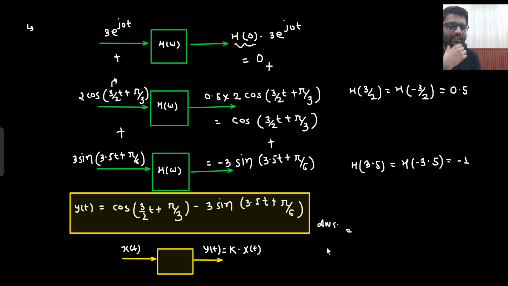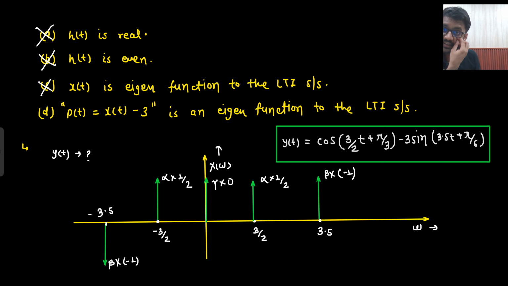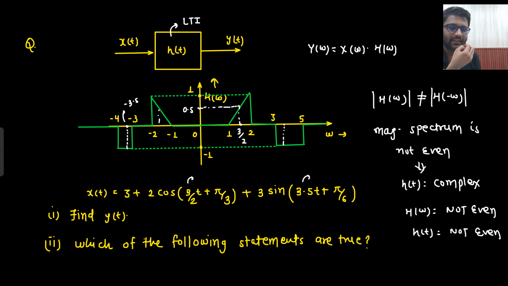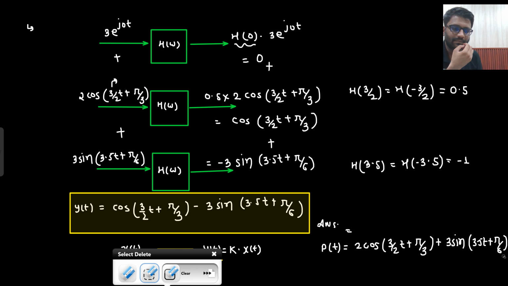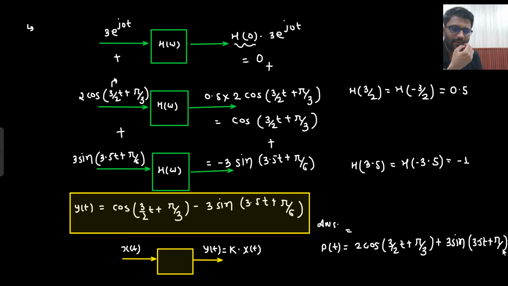But now you are defining another new signal, which is p(t). p(t) is given as x(t) minus 3, so p(t) is 2 cos(3/2 t plus pi/3) plus 3 sin(3.5t plus pi/6). So this is the p(t) we are having.